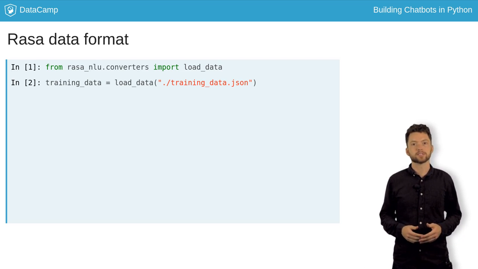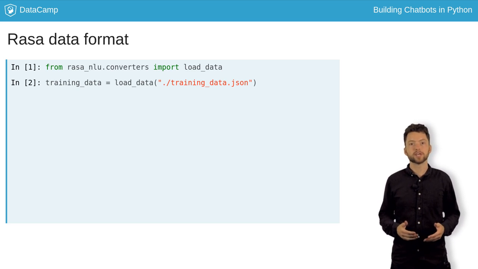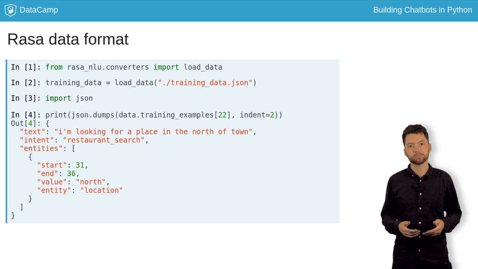Each of these dictionaries contains an example message, its intent, and a list of entities found in the message. We can convert one of these dictionaries to readable JSON using the json.dumps function. Indent equals 2 specifies the number of spaces to indent.